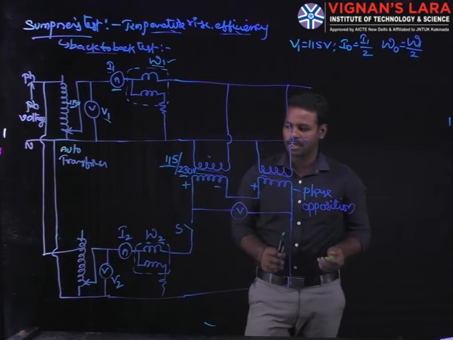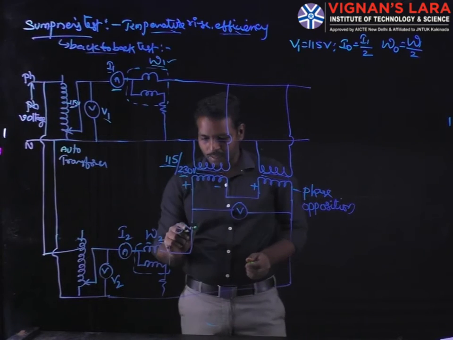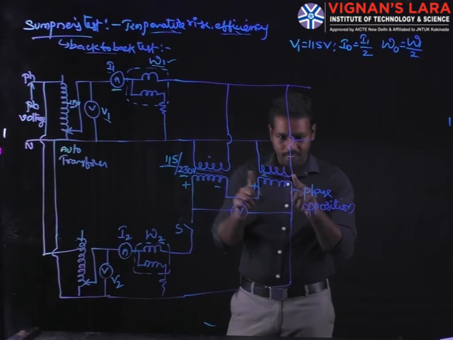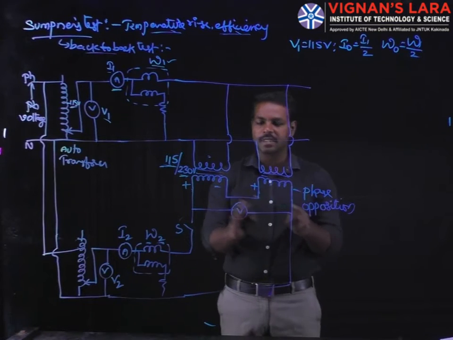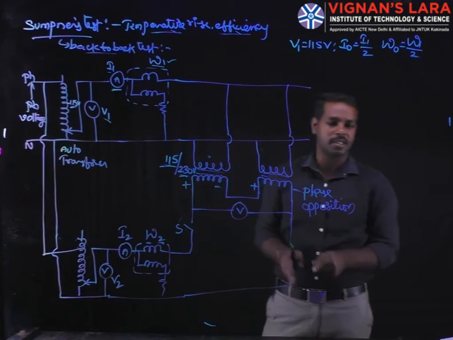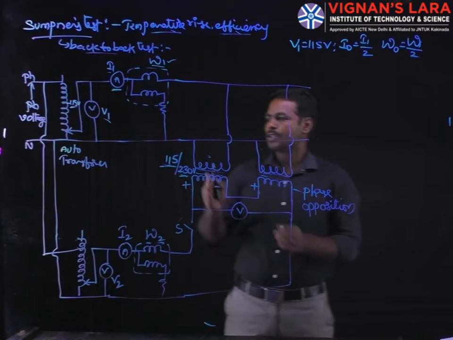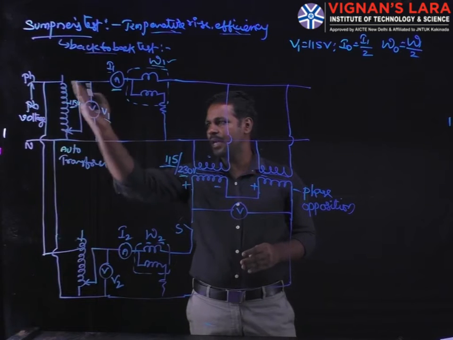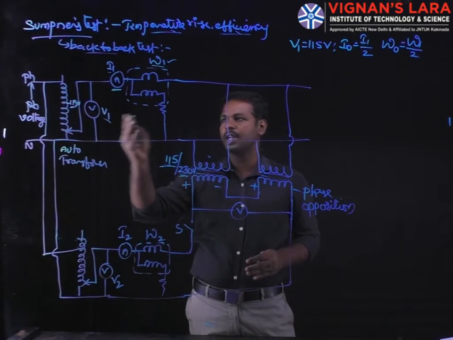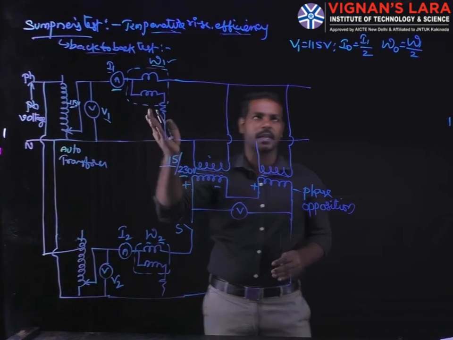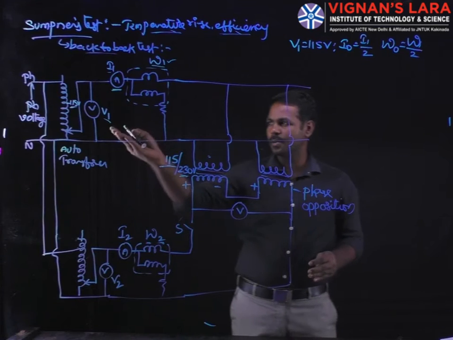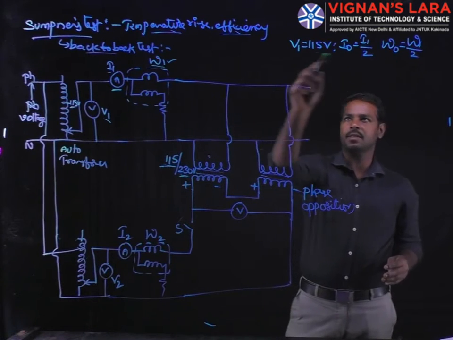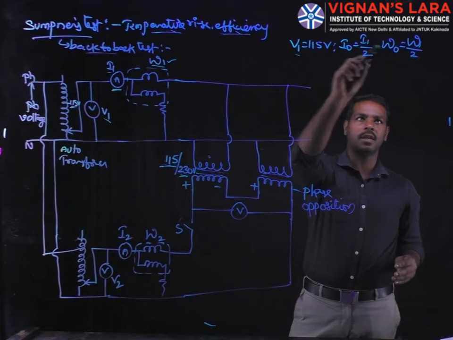In this test, S1 is open circuited. The secondaries of both the transformers are connected in series with phase opposition, so the resultant voltage across these two terminals is equal to 0. We apply the rated voltage of the primary winding using the auto transformer, and the corresponding voltage, current and wattmeter readings are measured by the voltmeter, ammeter and wattmeter. So we get three parameters: V1, I1, W1.